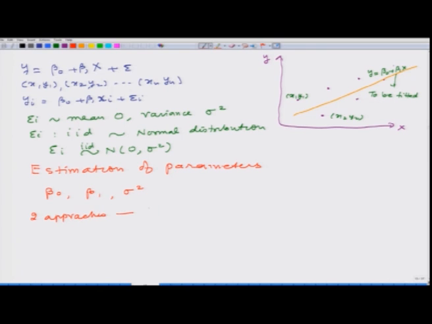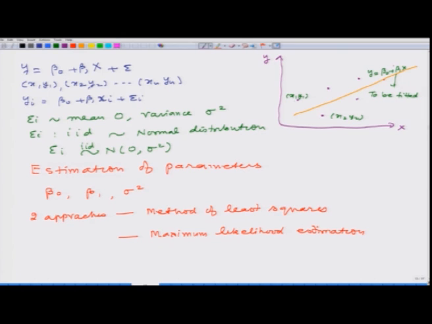One is the method of least squares, and another is maximum likelihood estimation. First we try to understand what the method of least squares is.